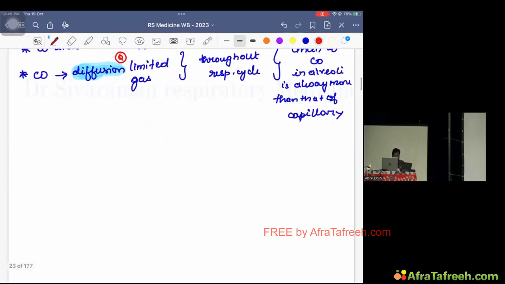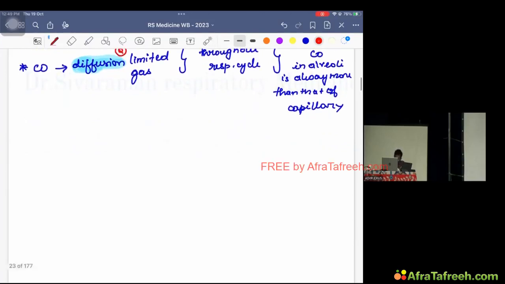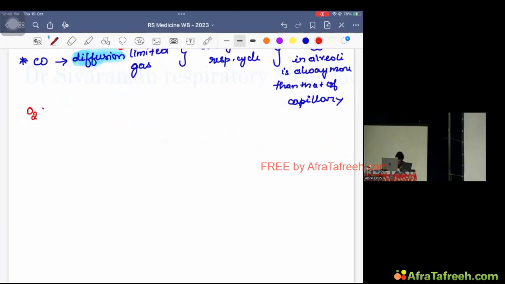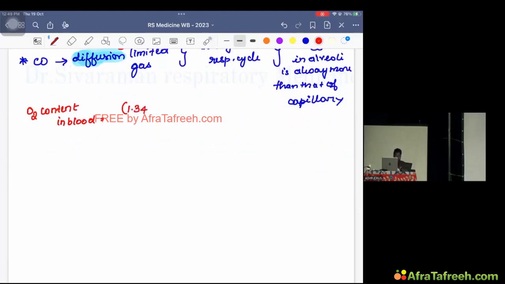So how will you calculate the oxygen content in blood? If you want to calculate the oxygen content in the blood, you have to use a formula: 1.34 into Hb into SpO2, plus 0.03 into PaO2.